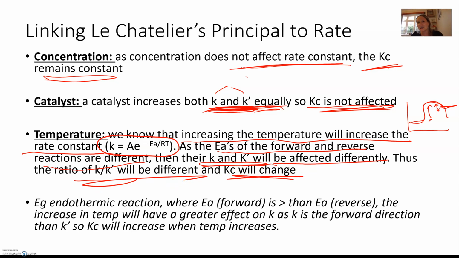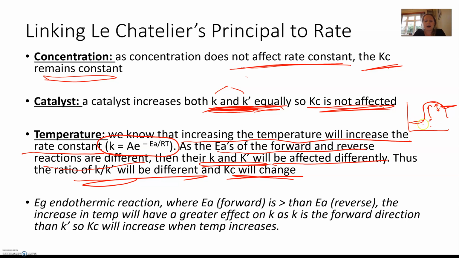So you're finally getting as to why Kc changes when temperature changes and not with the other factors, which is really awesome. That's what I'm describing down here with this endothermic reaction. The endothermic reactions have a massive activation energy in the forward direction and a smaller activation energy in the reverse direction. And so an increase in temperature will have a greater effect on K, as K is the forward reaction.